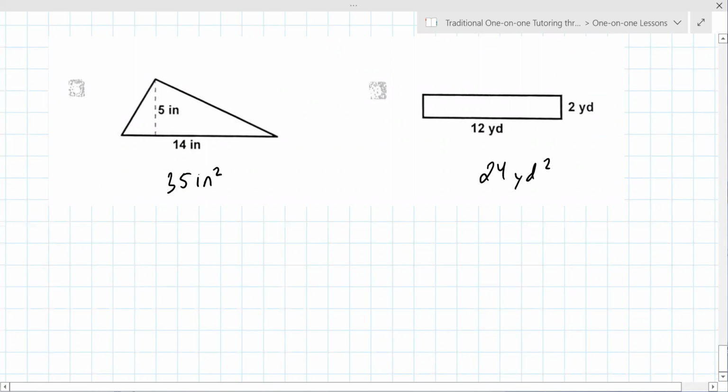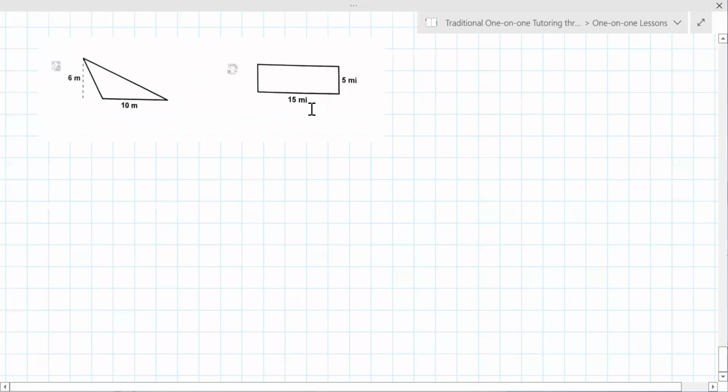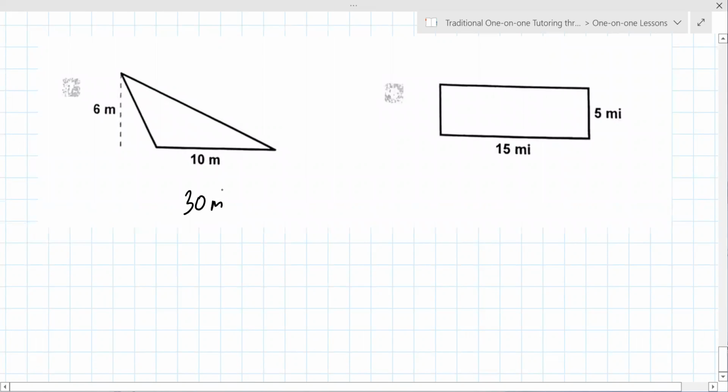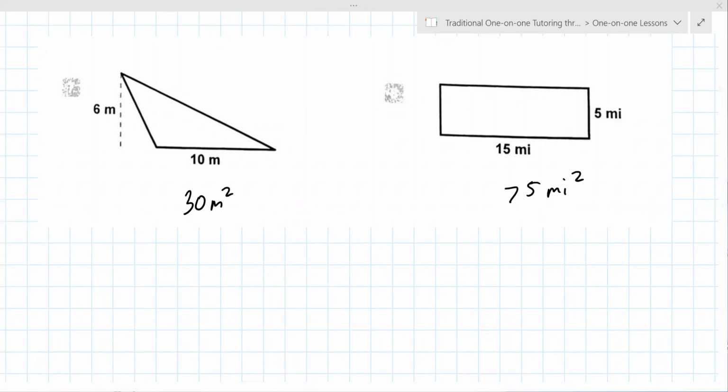And the last two. 30 meters squared. Perfect. And 75 miles squared. Perfect. All right.